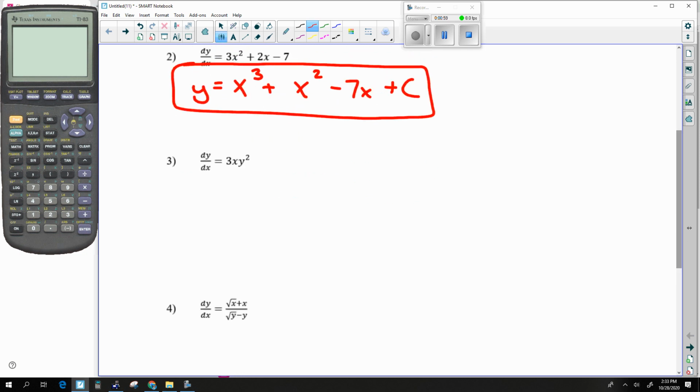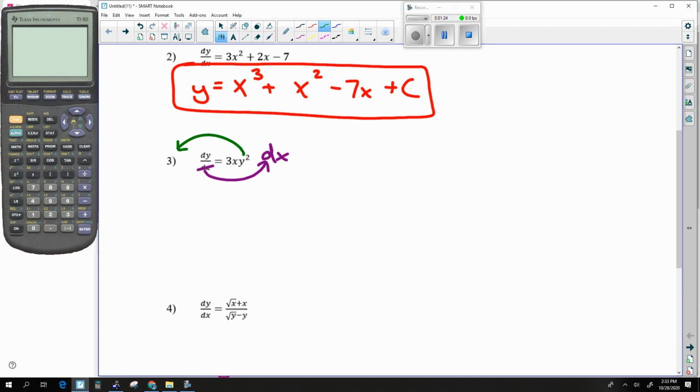All right, here is one of those problems where you notice how there's both x and y in the problem. So this is a little bit more rough. So what we're going to do is get a separation of variables. To do that, I multiply this dx to this side, and then I need to get all these y's over here.